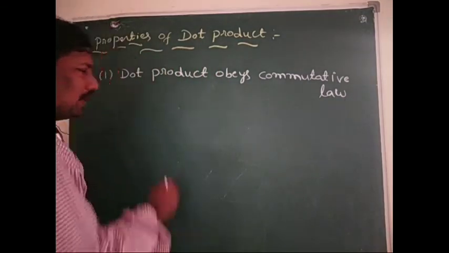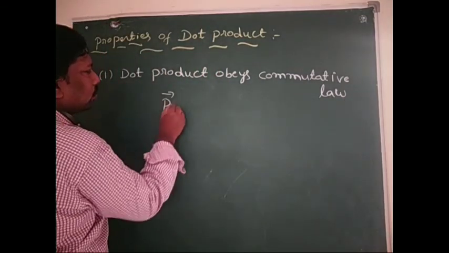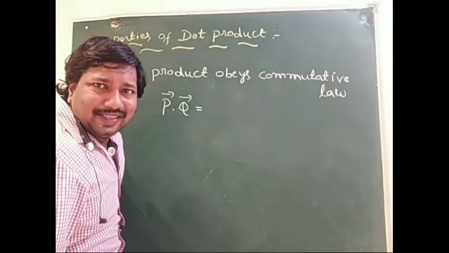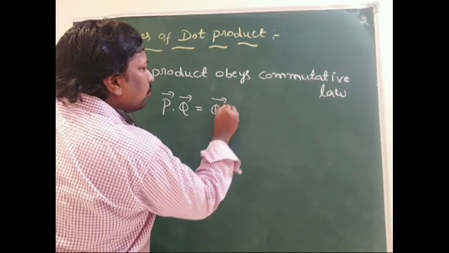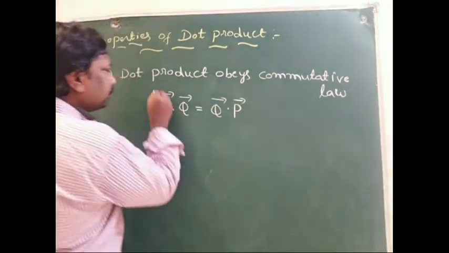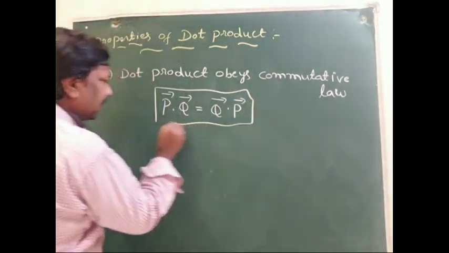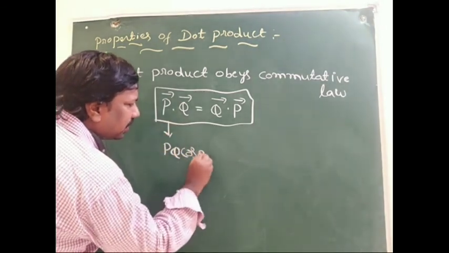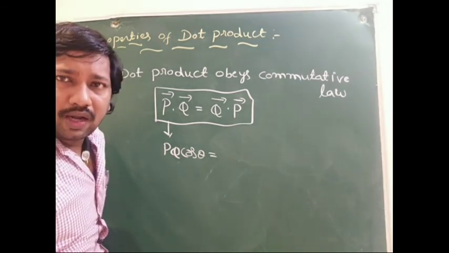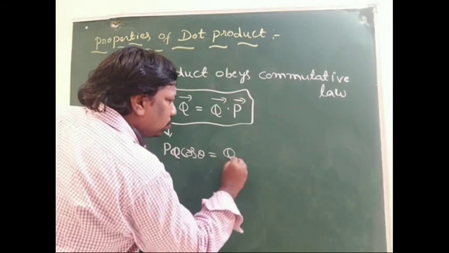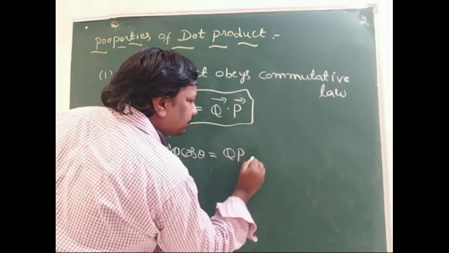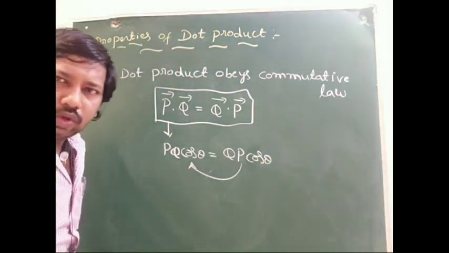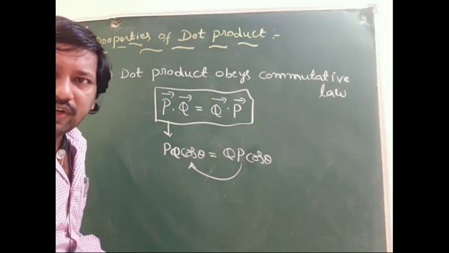It means p bar and q bar are two vectors, and p bar dot q bar is equal to q bar dot p bar. P bar dot q bar means pq cos theta, which is equal to q bar dot p bar, meaning qp cos theta. So these are equal, and dot product obeys the commutative law.